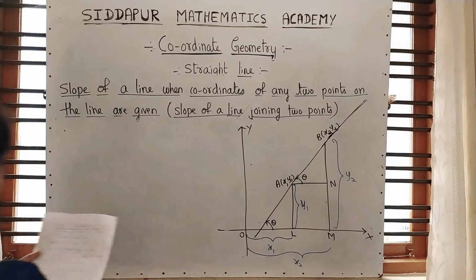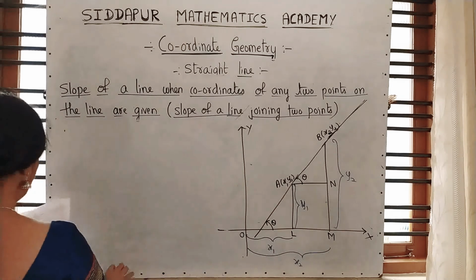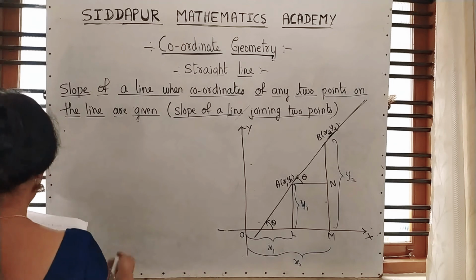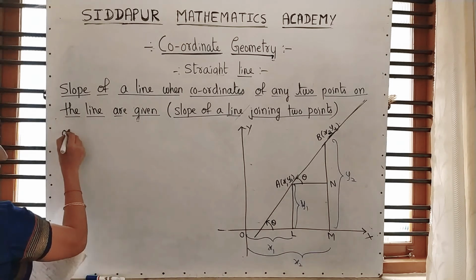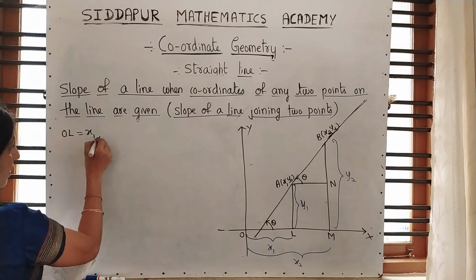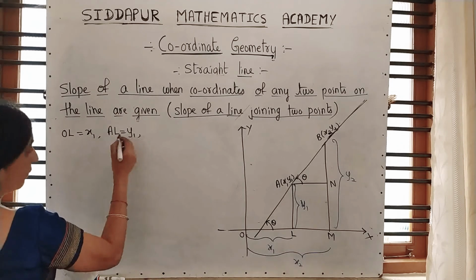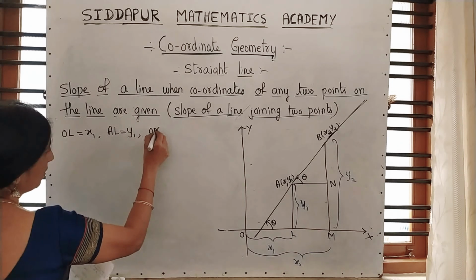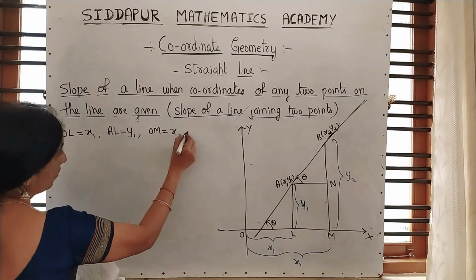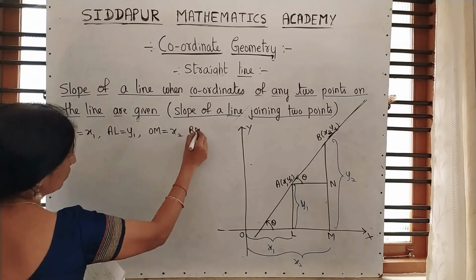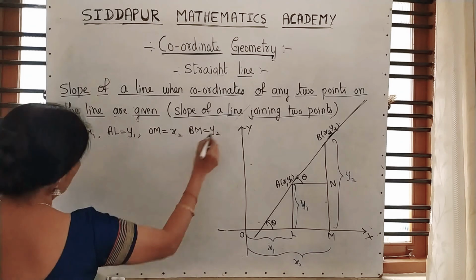So you know how to mark this. Now write down that. OL is equal to x1, AL is equal to y1, OM is equal to x2, BM is equal to y2.